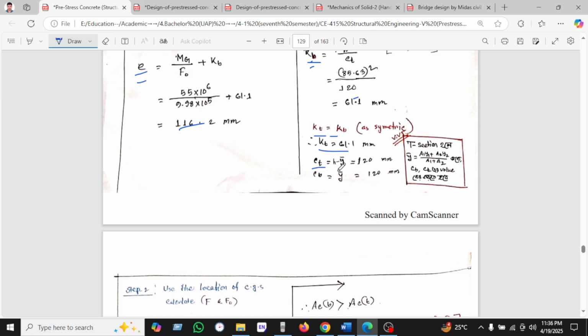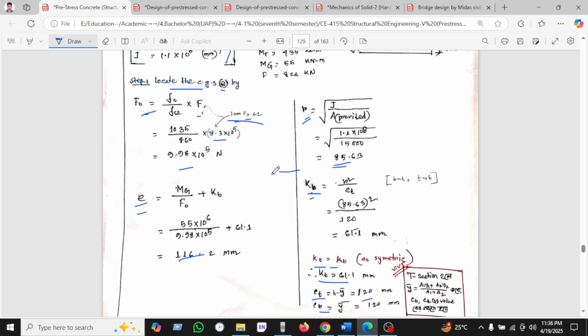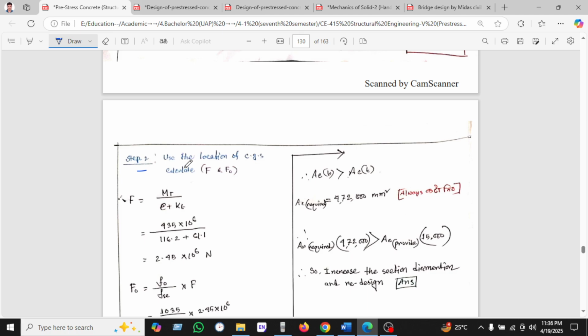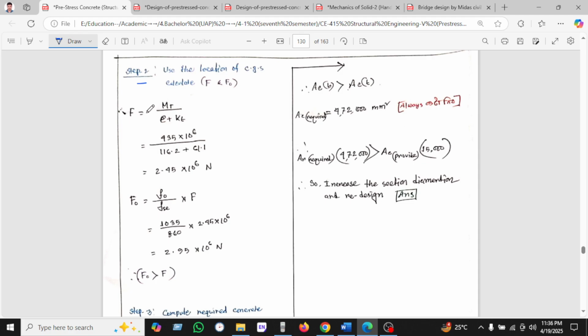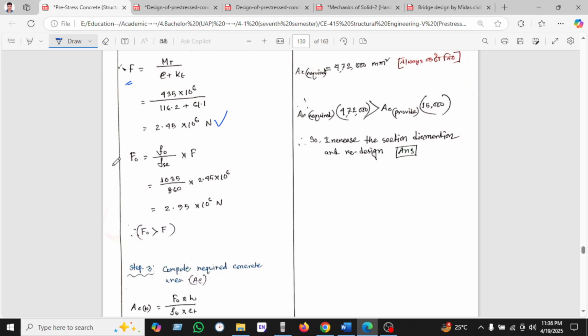And CT, we've seen Y minus H minus YT is found 120, and CB is the same. Now we'll do the step to use the location of the CGS, using the force and this formula to find this value, and F not initially has been found 2.9, and F not is seen to be greater than F, which is okay.